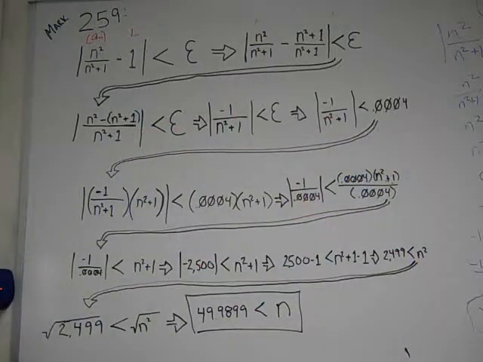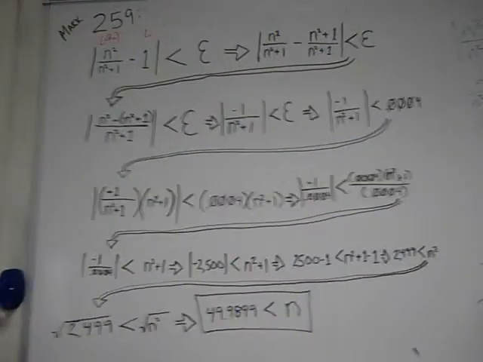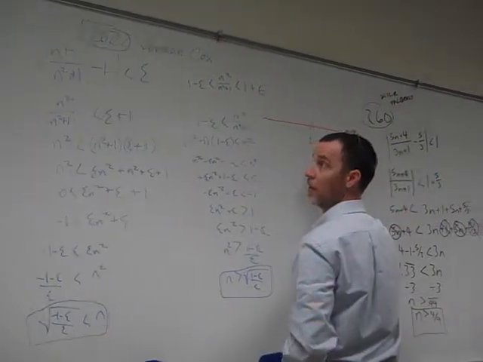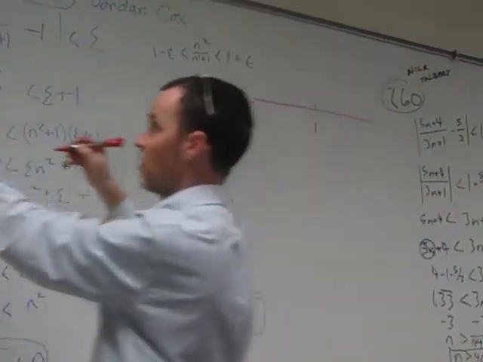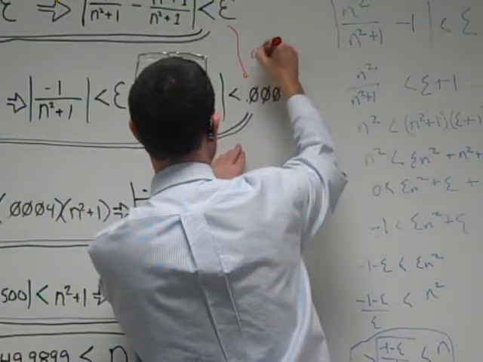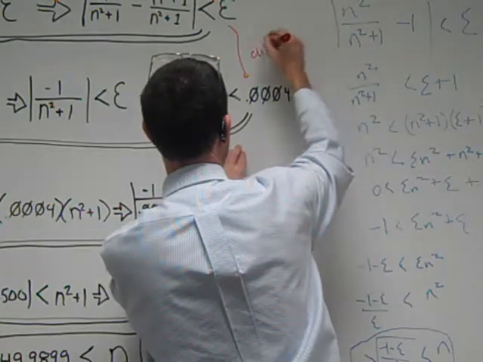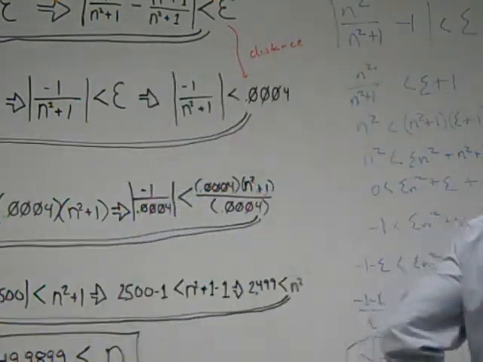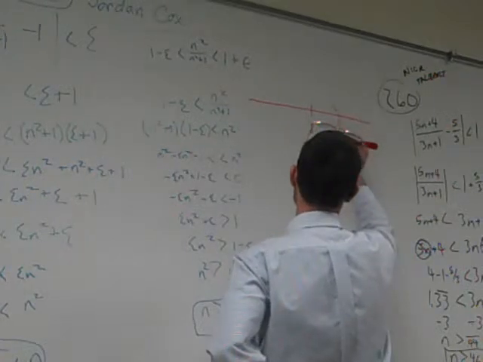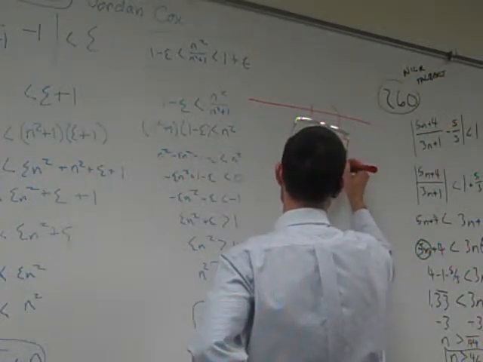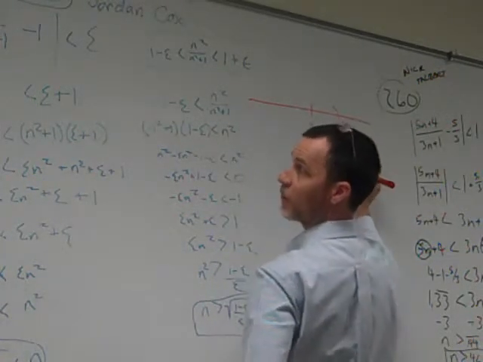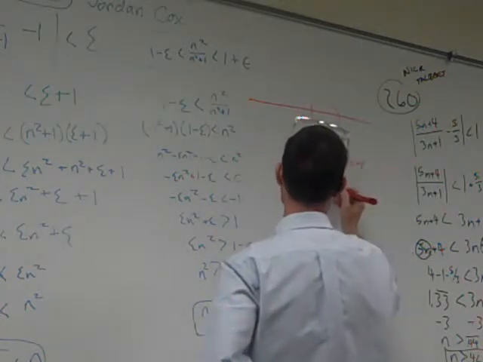So if we go over here, what he just showed was you take 1. You take a distance. You should think of that little epsilon as a distance. 1 plus epsilon, which is 1 plus 0.0004.